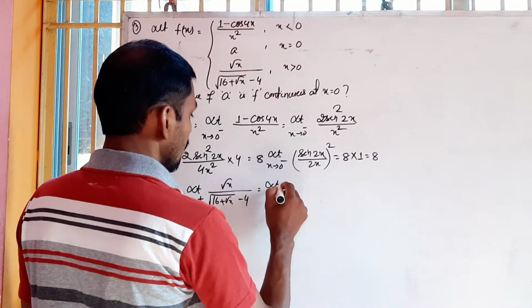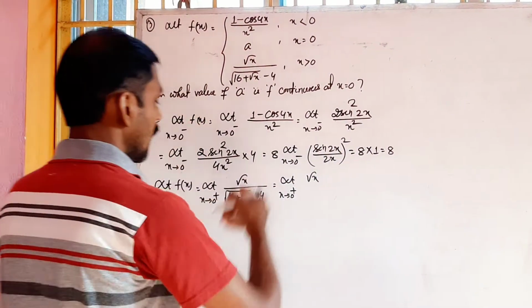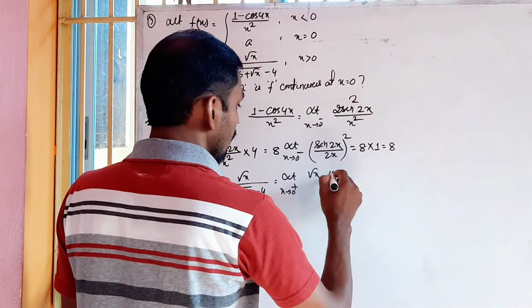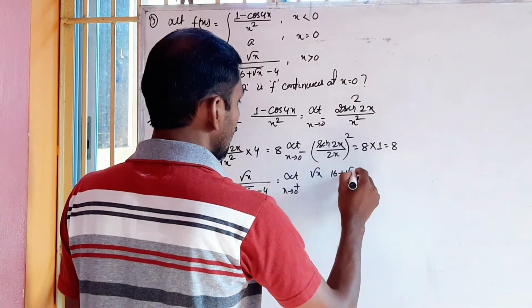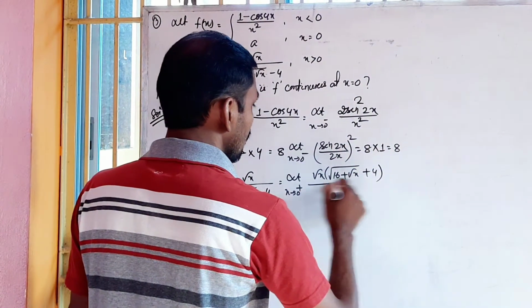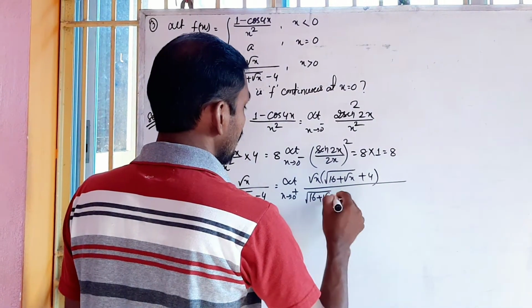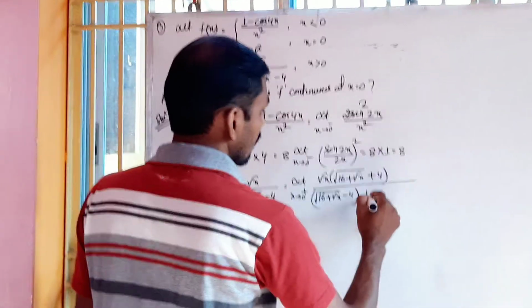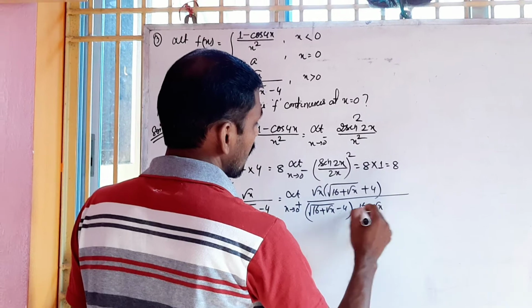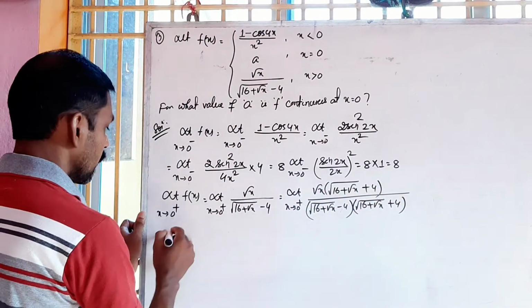So limit x tends to 0 plus, it is root x. Now the rationalizing factor is 16 plus root x whole root over plus 4, by 16 plus root x whole root over minus 4 into 16 plus root x whole root over plus 4.